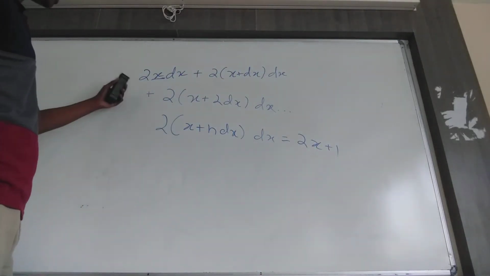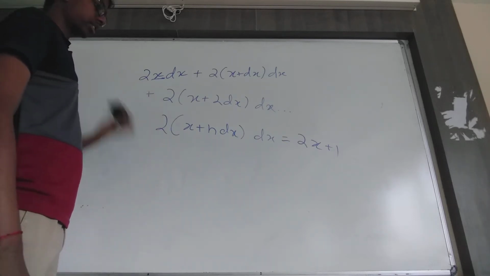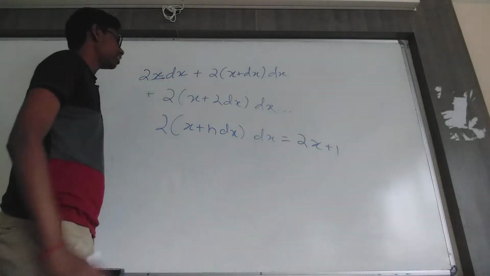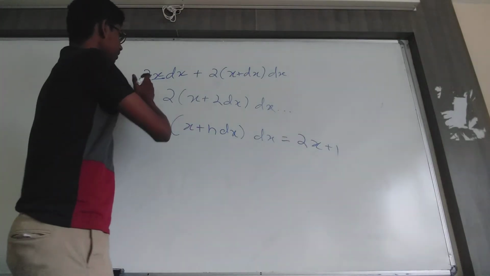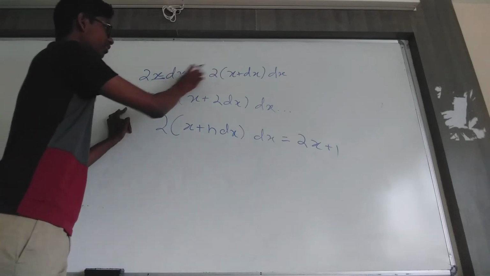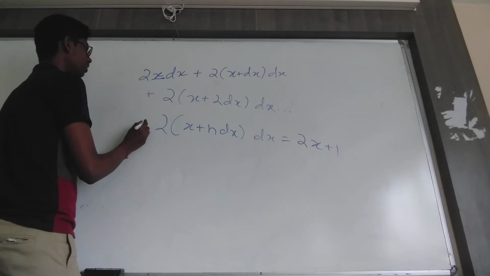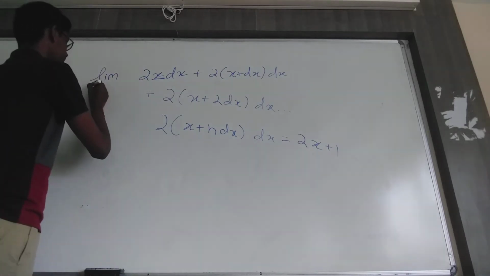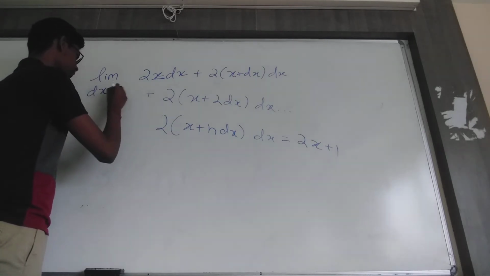But this is not actually the sum, because we can't take dx equals half or quarter or something like that. It won't be equal, because this is the instantaneous rate of change. The sum of this is not 2x plus 1 until and unless dx in all of these cases is 0, or this is equal only when the limit as dx approaches 0.